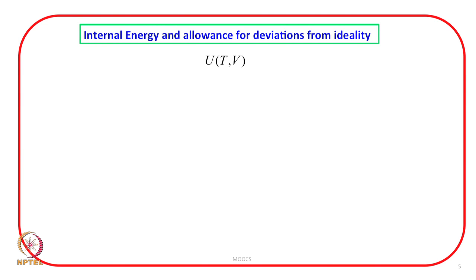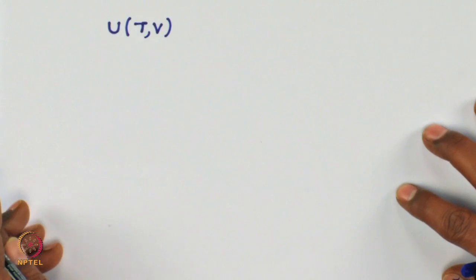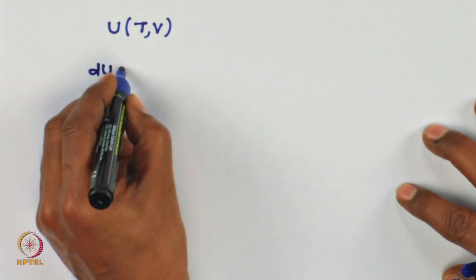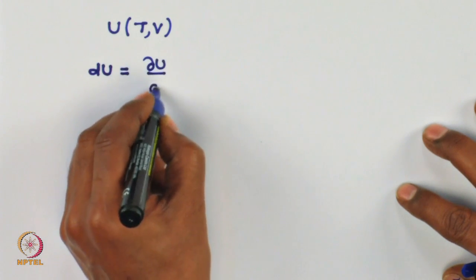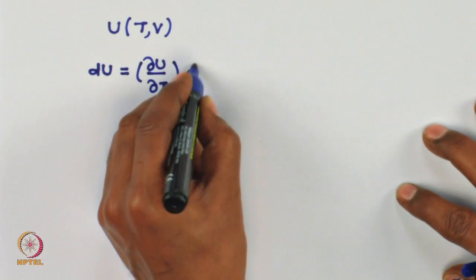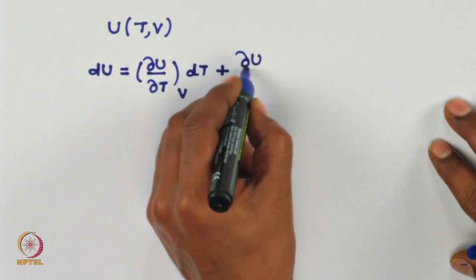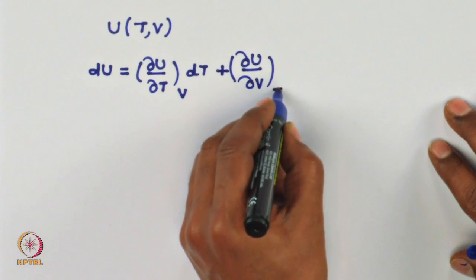If I start with internal energy as a function of temperature and volume, you will see that I will end up with some very useful relation. Let there be some change. So, dU will be equal to partial derivative of U with respect to T at constant volume dT plus partial derivative of U with respect to V at constant temperature dV.